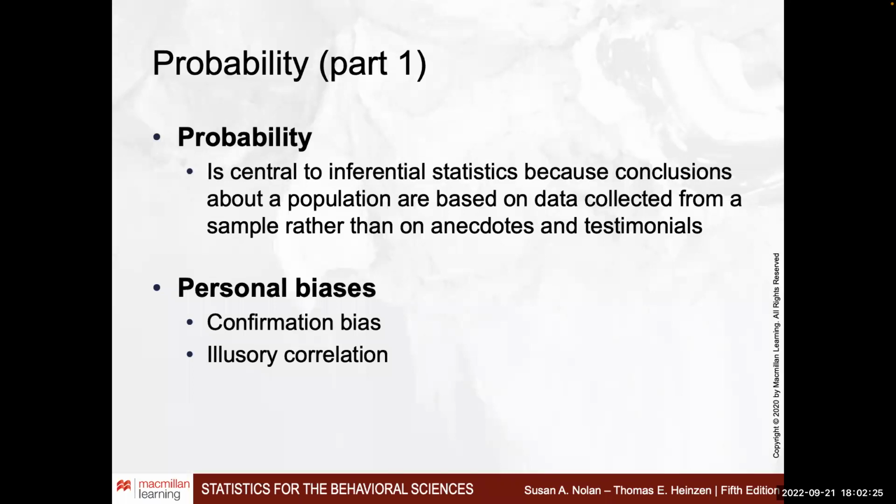So if you see in your sample a certain risk of having to go to the hospital, you assume that the probability of your sample will be representative of the probability of these individuals in the overall population. So you're extrapolating it to the overall population.